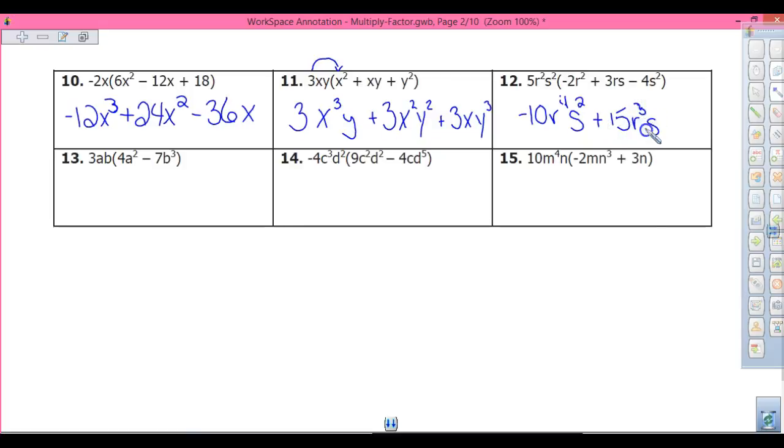I've got another s that's got to go on, so it's r cubed s cubed minus r squared stays, and I've got to add 2 more s's, so that's to the 4th. Okay, everybody's doing 13, 14, and 15 right now.